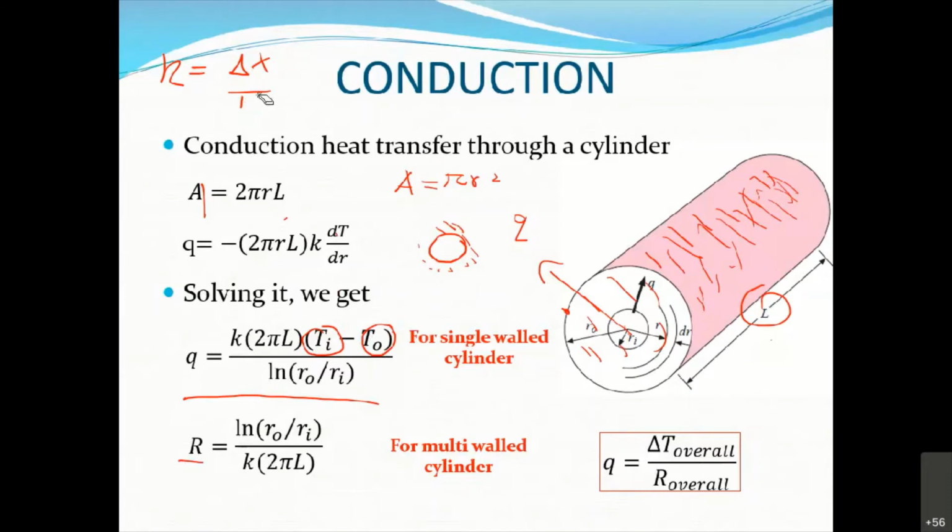So let's say I were to write the equation for a multi-layer wall. I know that Q over A overall is equal to delta T overall over R overall. And here I put that Q is equal to delta T overall over R overall.